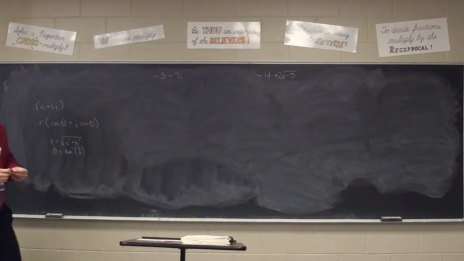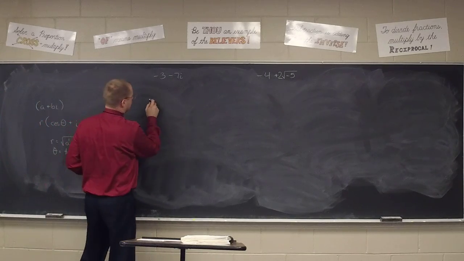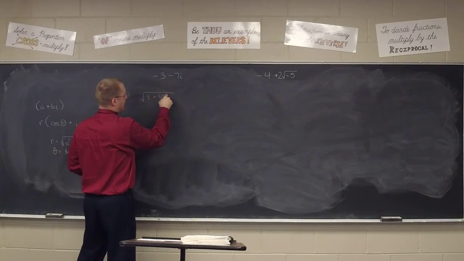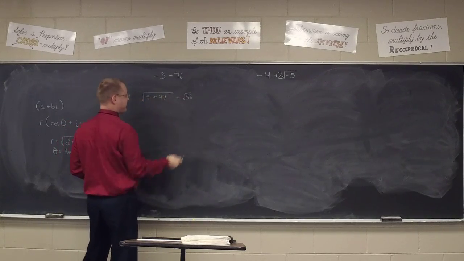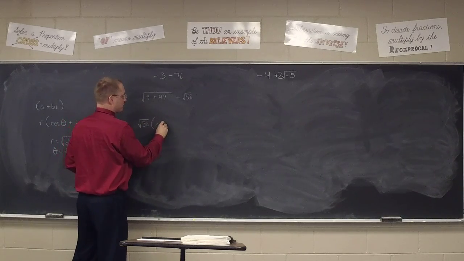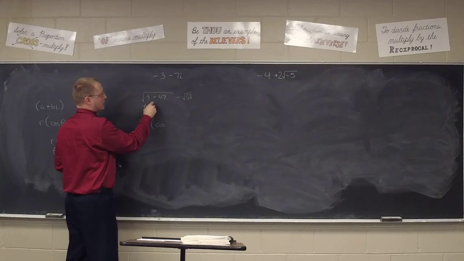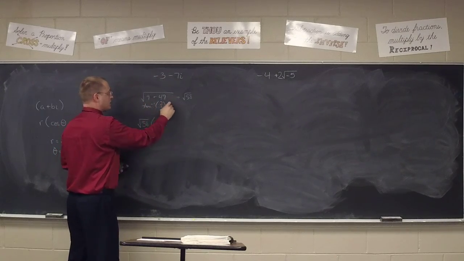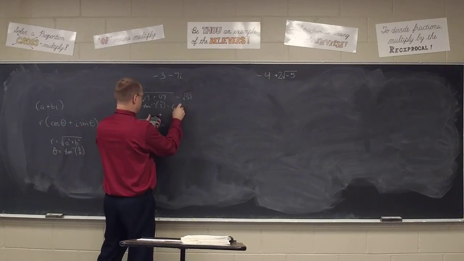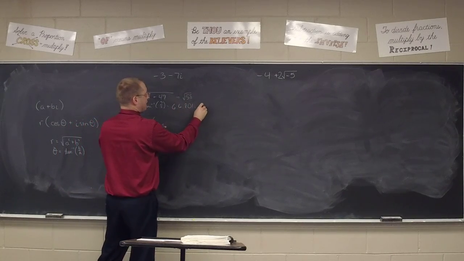All right, let's see how we did here. First of all, let me get my calculator. That would help. We had to take the square root of 9 plus 49, which is the square root of 58, which does not reduce. So we'll just go with square root of 58 times the cosine of, we need to take the arctangent now of 7/3, which is 66.801, blah, blah, blah.